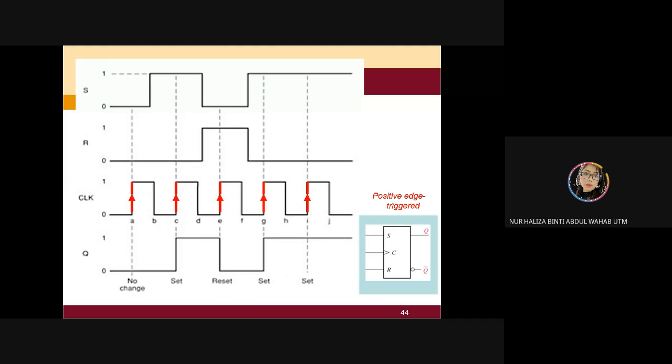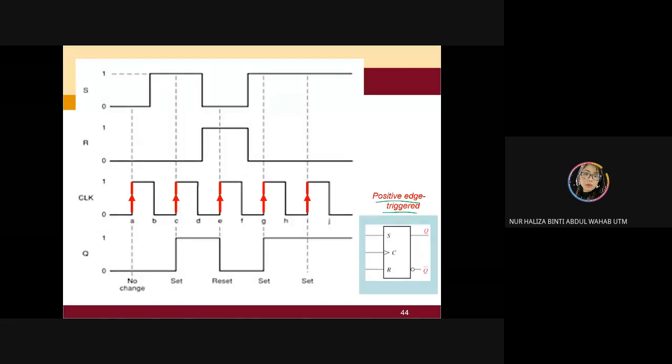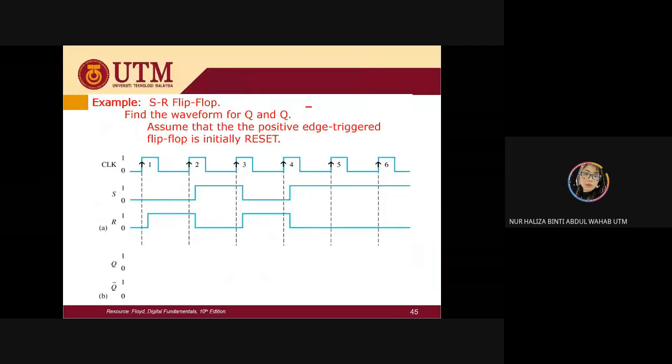So here you can see it is a positive edge trigger. Now you have another example. Let's redo it one by one. And you can see it is an SR flip-flop. Find the output of Q and Q bar.